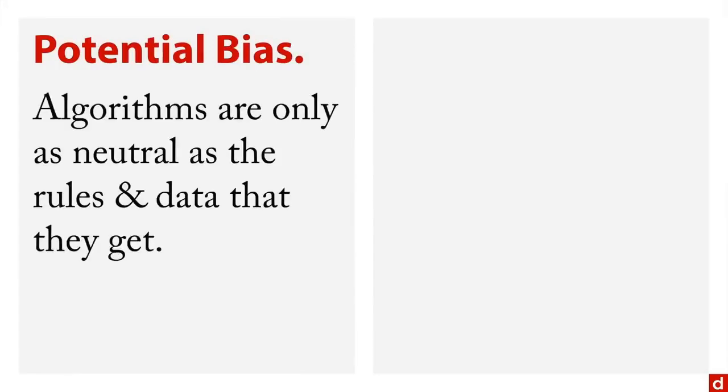Now, two other things come up in terms of ethics, but don't usually get addressed in these conversations. Number one is potential bias. The idea here is that the algorithms or the formulas that are used in data science are only as neutral and bias-free as the rules and the data that they get.